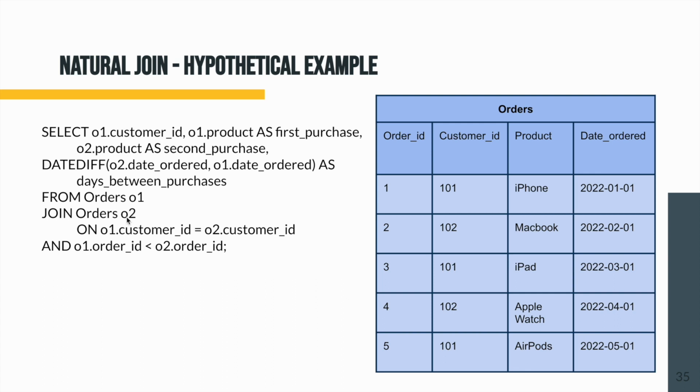So this is my table 1, table 2. I'm joining it on customer ID, and I'm saying that order ID from o1 should be less than order ID from o2.